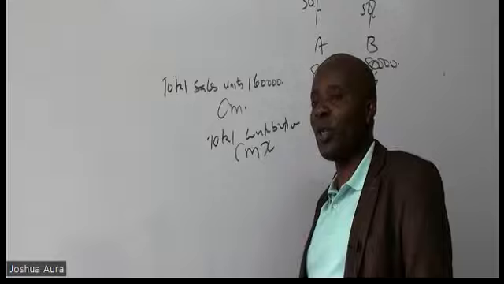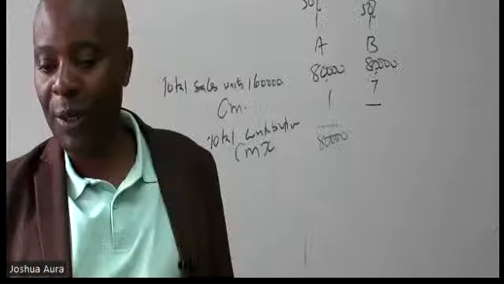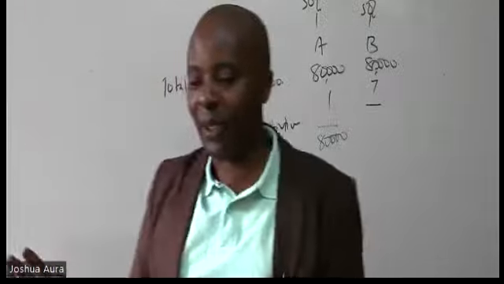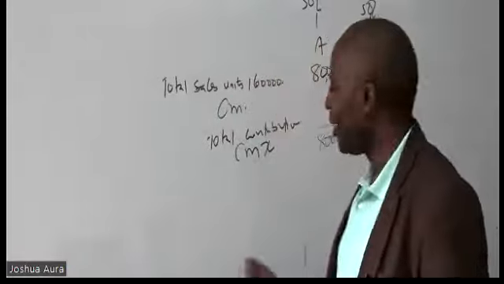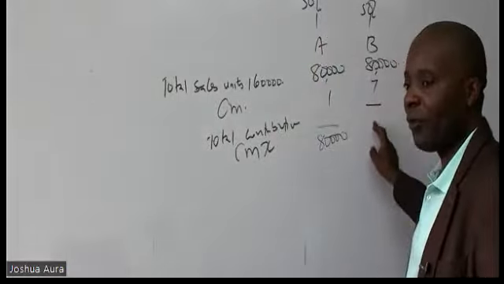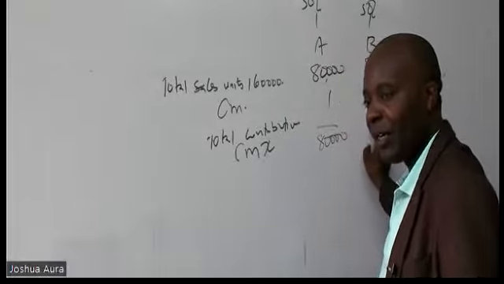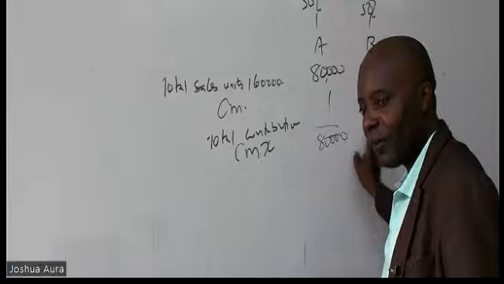We shall overcome. One step remains and we finish. So 80,000 times 7 gives me what figure? 560,000.